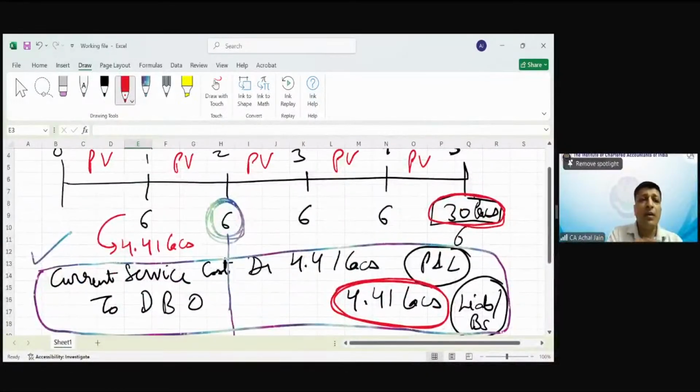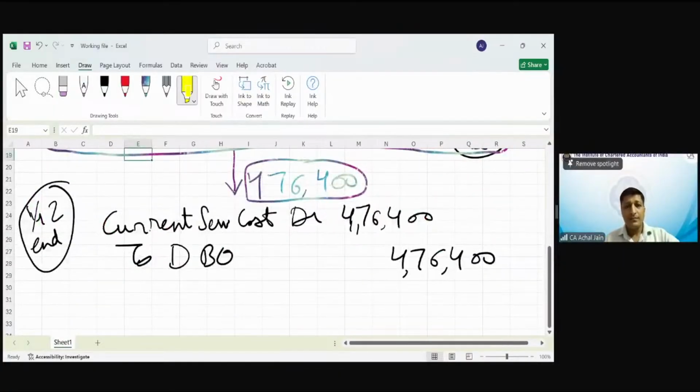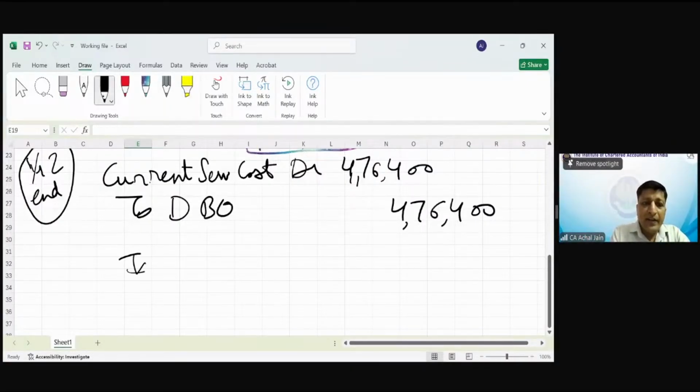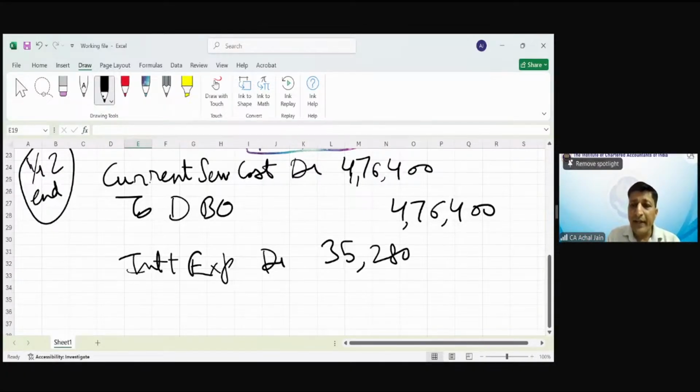For this period of 1 year. Correct? So therefore, in the second year, you will pass one more entry. Interest expense debit 35,280 to DBO 35,280.